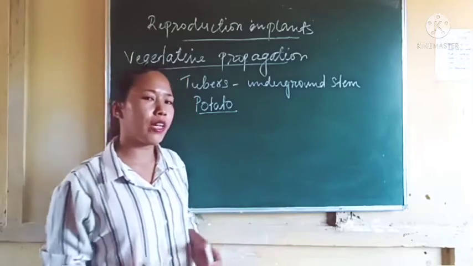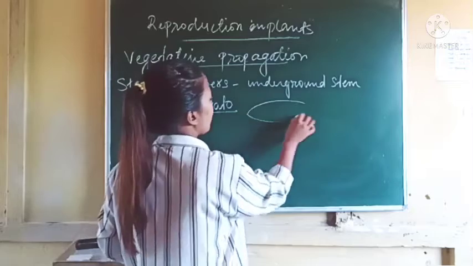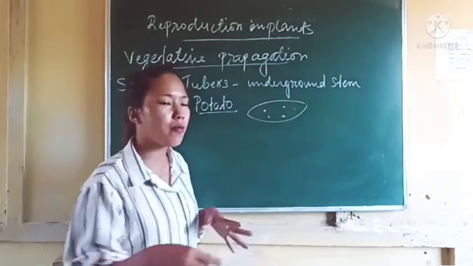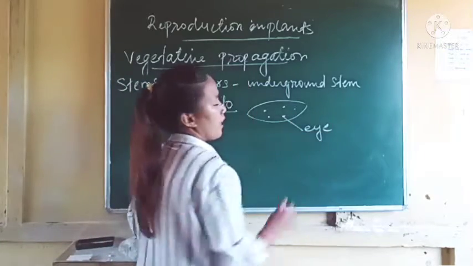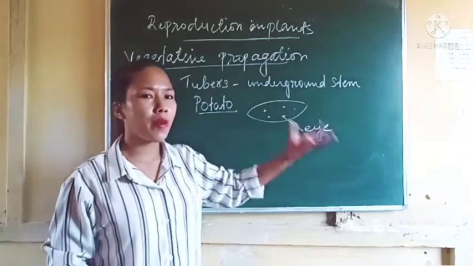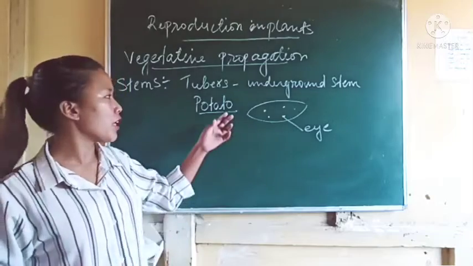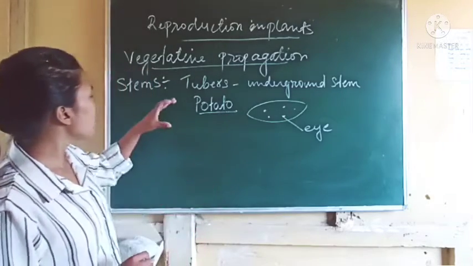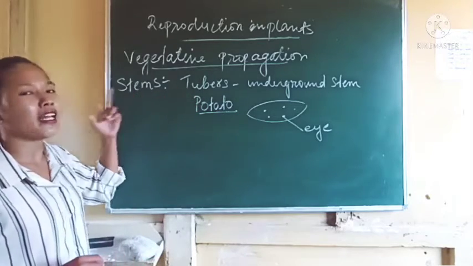We eat potato. In the potato, you will also have small depressions, which are called eyes. If you take the eye part of this potato and plant it in the soil, it will give rise to a new plant. So this is also one of the ways in which stems can propagate.